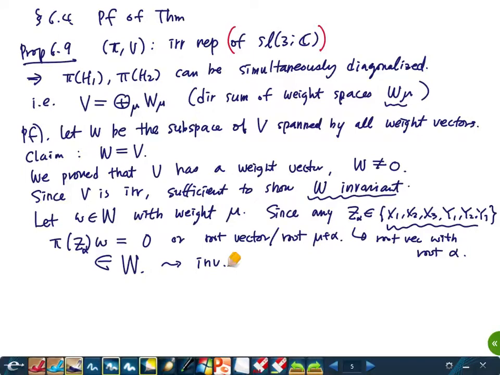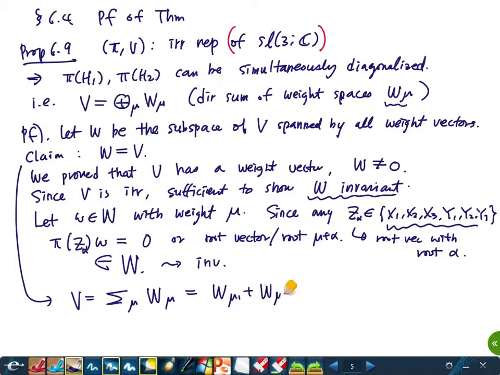Now we have to show that it is a direct sum. This claim only means that V is a sum of the weight spaces for mu1, mu2, and so on, not necessarily direct just yet, but eventually it will be a direct sum.